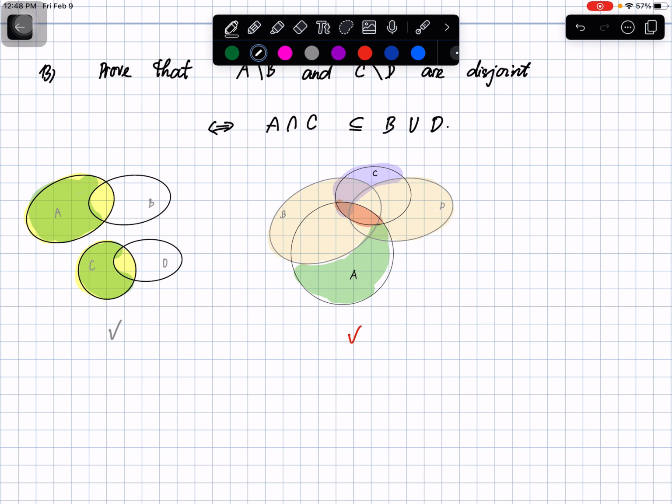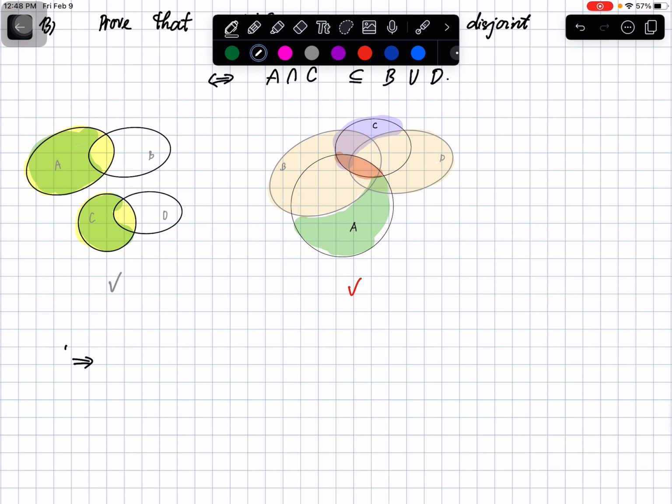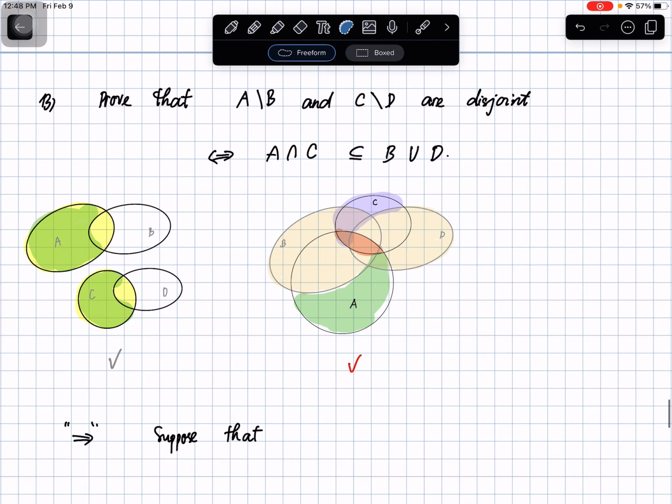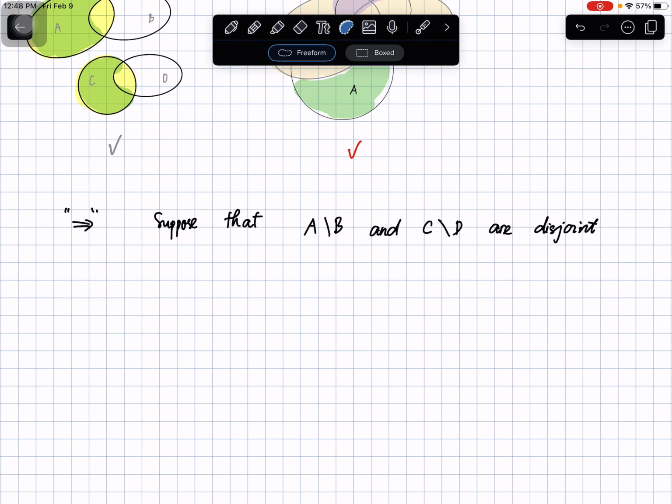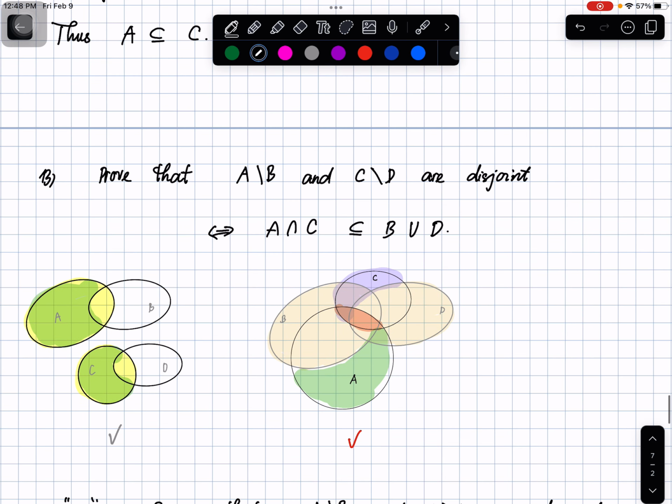This is a conditional, so we do it in two directions. Suppose that these two sets are disjoint. And we need to show that we have this subset.